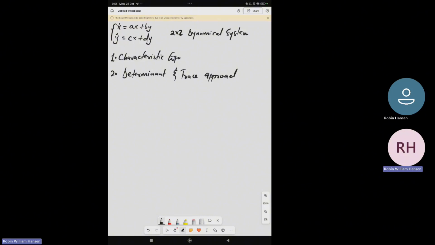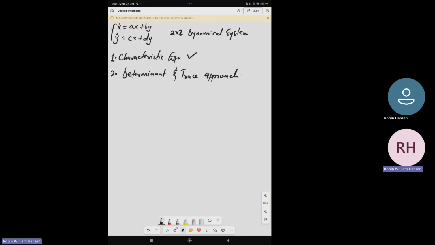Remember, this is for 2 by 2 dynamical systems. It doesn't work for 3 by 3, it doesn't work for 4 by 4. So we can determine the behavior of our 2 by 2 dynamical system using these two methods.